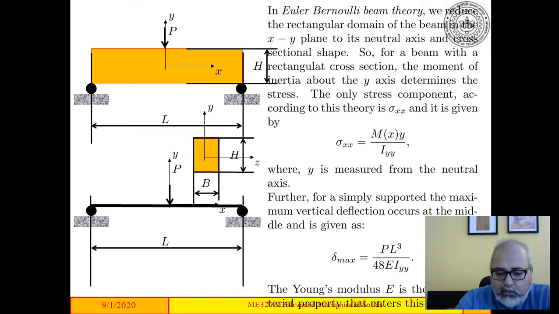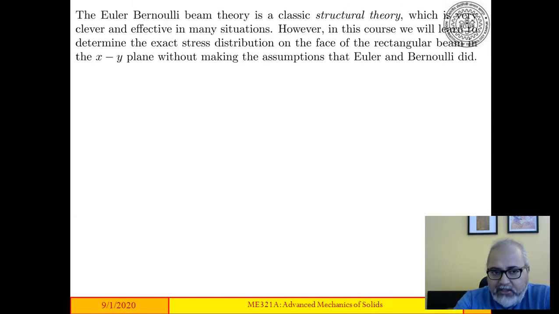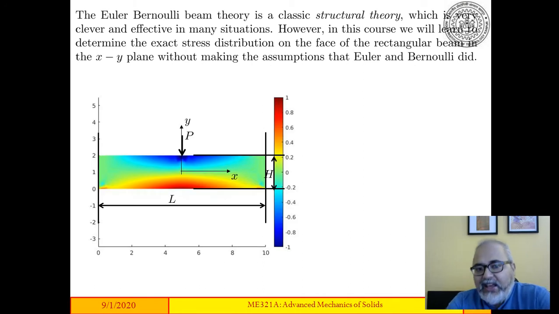Okay. Now, what I have done here is I have done an exact analysis of this beam using the kind of theories that we are going to learn. We are yet to learn these theories. These are theories of elasticity. So I have used those in order to solve the exact stresses sigma xx on the face of the beam. What I have also done is I have plotted here as a map. We call it a contour plot, you might know.